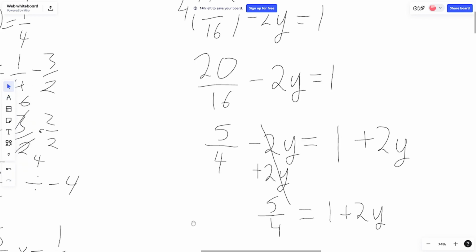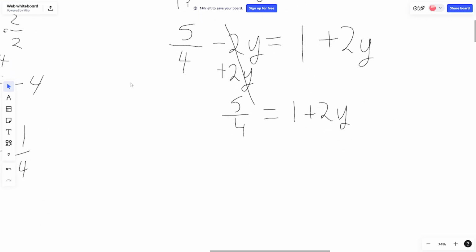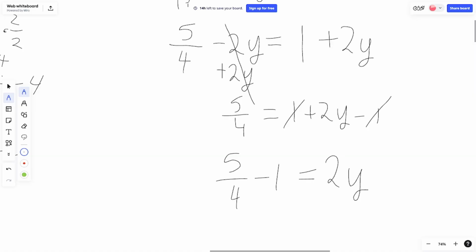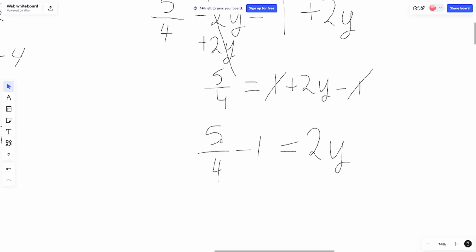And then you would simply subtract 1 on our right hand side, and then 5 over 4 minus 1 on our left hand side, which will be equal to 2y. And now you are left with 5 over 4 minus 1.